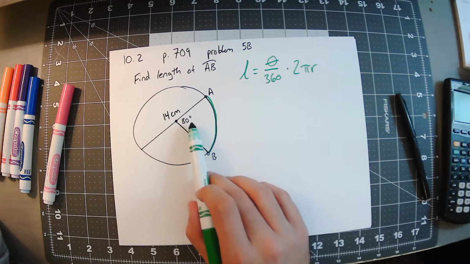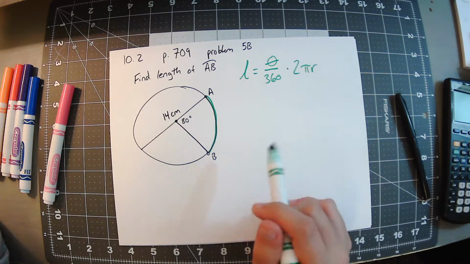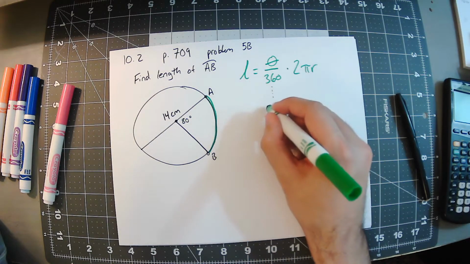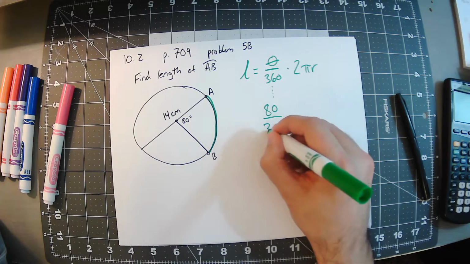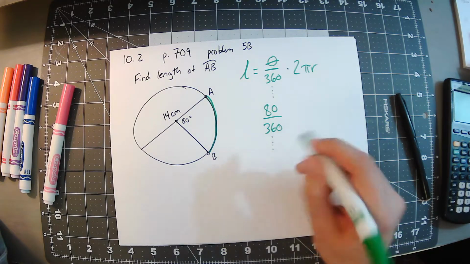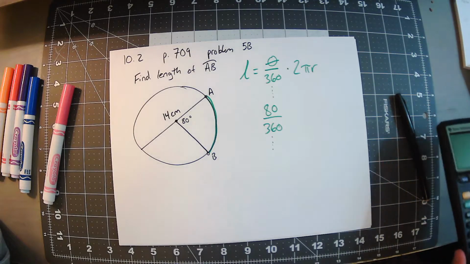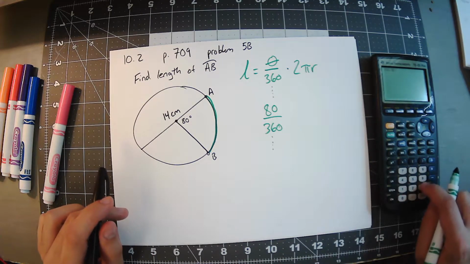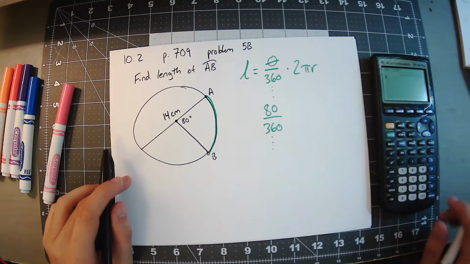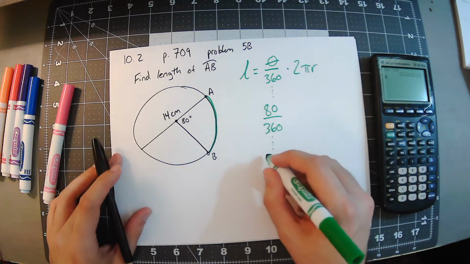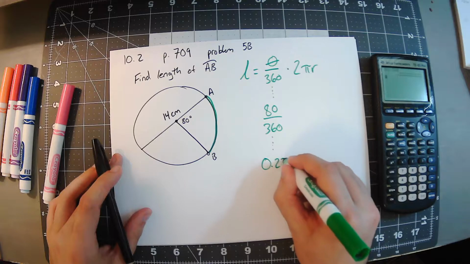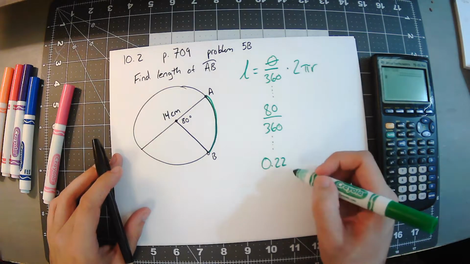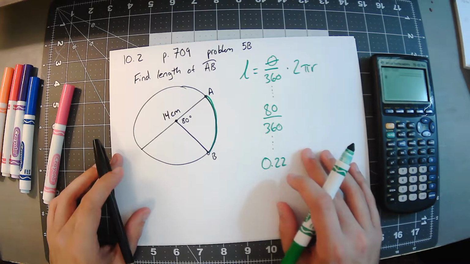Well, we actually have the angle already. So this is 80 over 360, and that is a little bit more than 1/4. 80 divided by 360, I'm just typing this in directly, is 0.22 repeating. So it's about 22%.